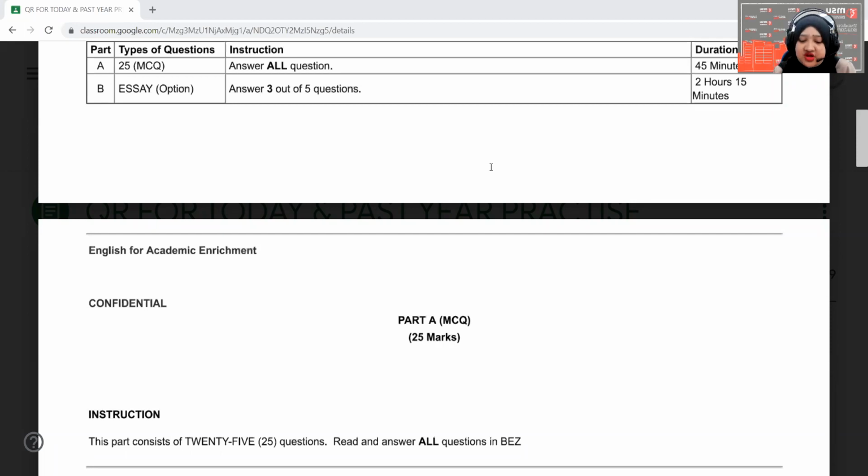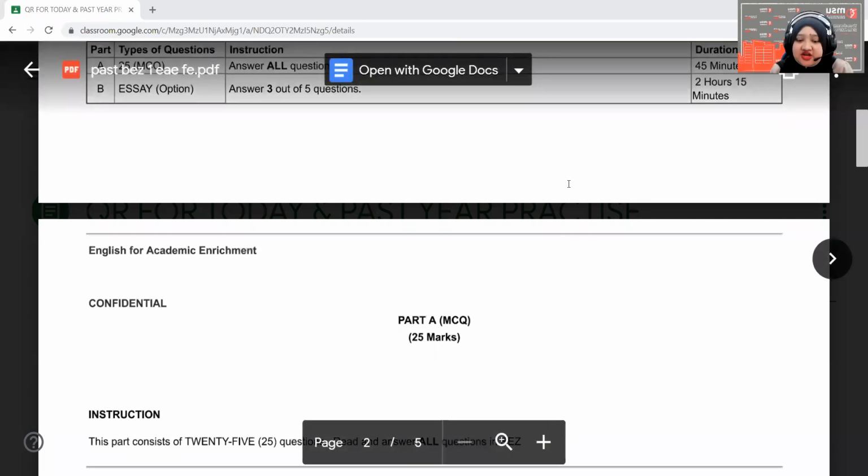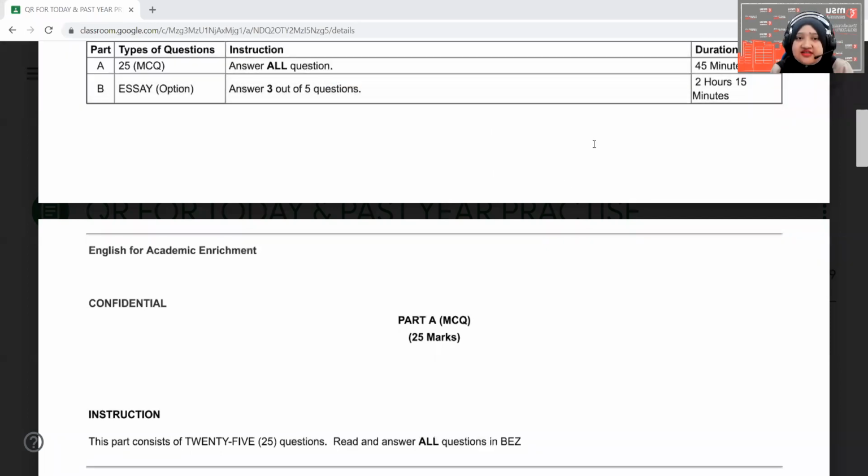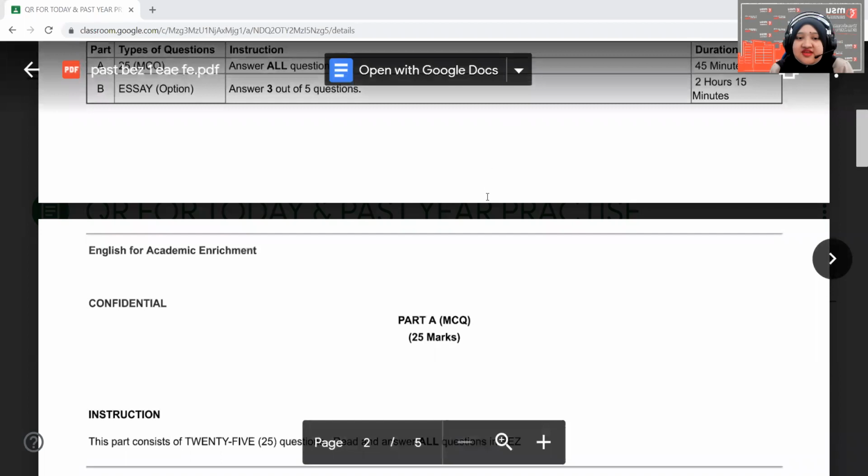You have to complete both coursework and final exam. So by hook or by crook, you must attend the final exam and complete the examination. Make sure that coursework and final exam are both done for you to be able to pass the subject this semester.